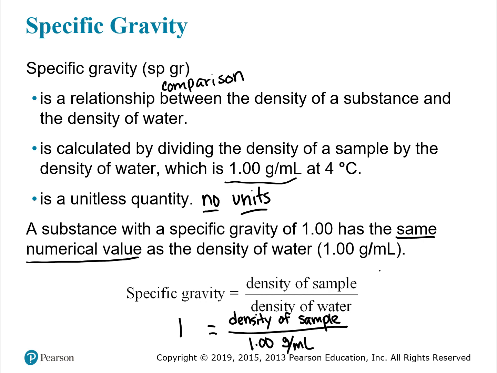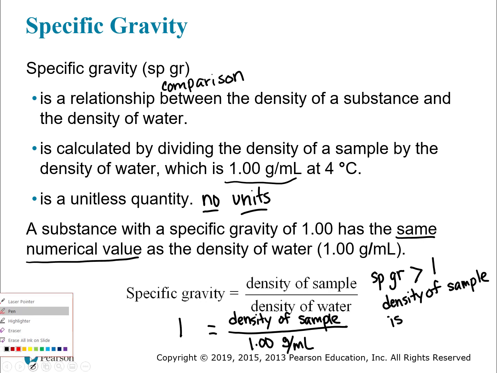So if your specific gravity is greater than 1, then that means that the density of your sample is greater than water.